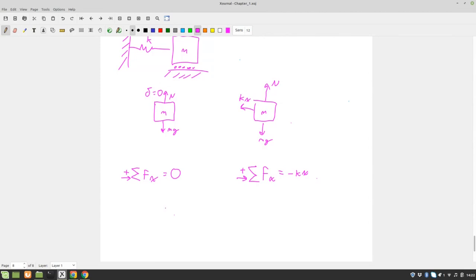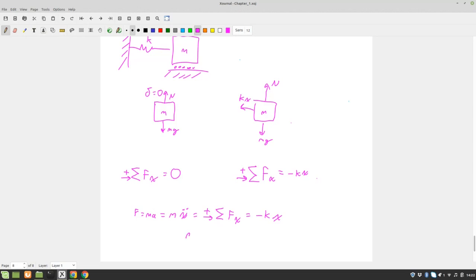So now we're going to apply Newton's second law, which is force equals ma, right? Which is equal to m x double dot, which is equal to, positive to the right, the sum of forces in the x, which is equal to negative kx, right?